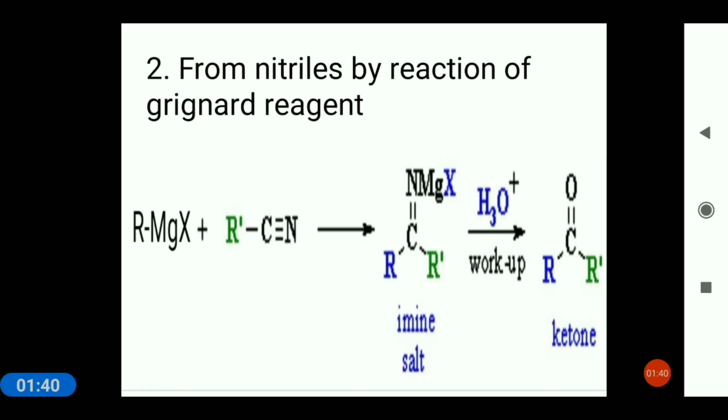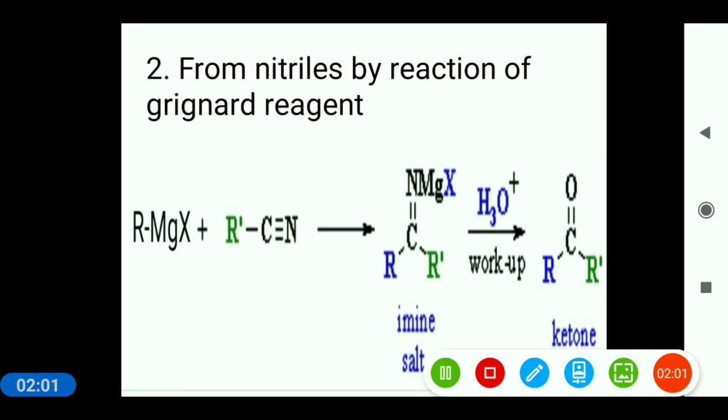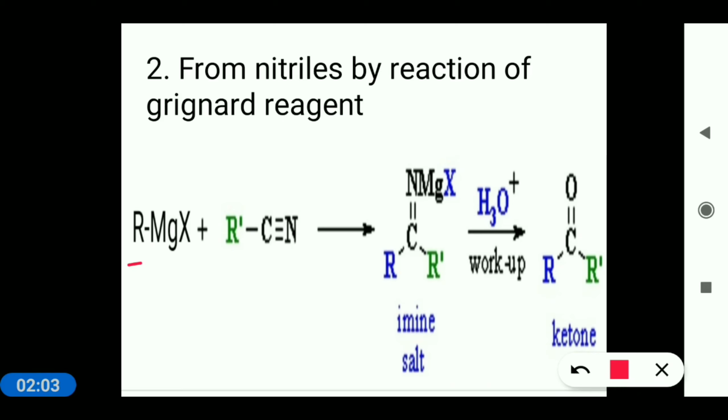Both aliphatic and aromatic ketones can be prepared by the action of suitable Grignard reagent on an alkyl or aryl nitrile, followed by acid hydrolysis of the intermediate addition product. For example, this is Grignard reagent and this is cyano. This R can be alkyl or aryl.